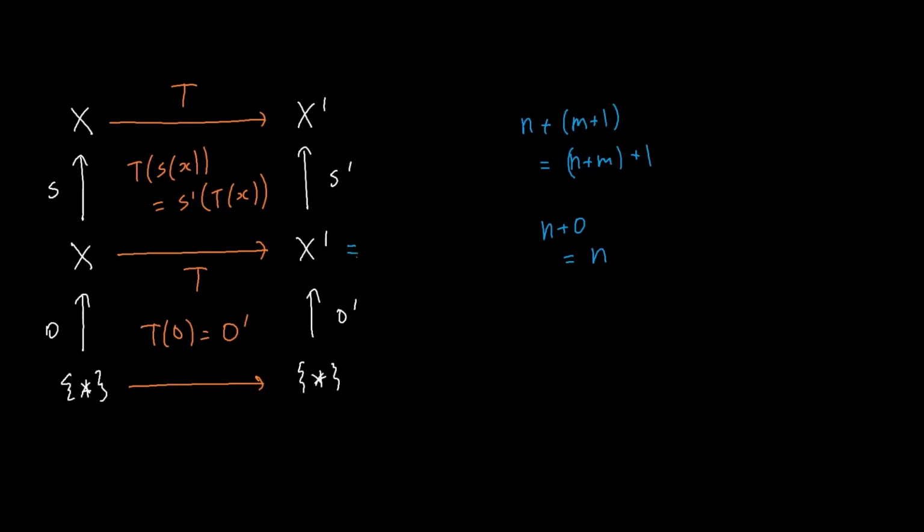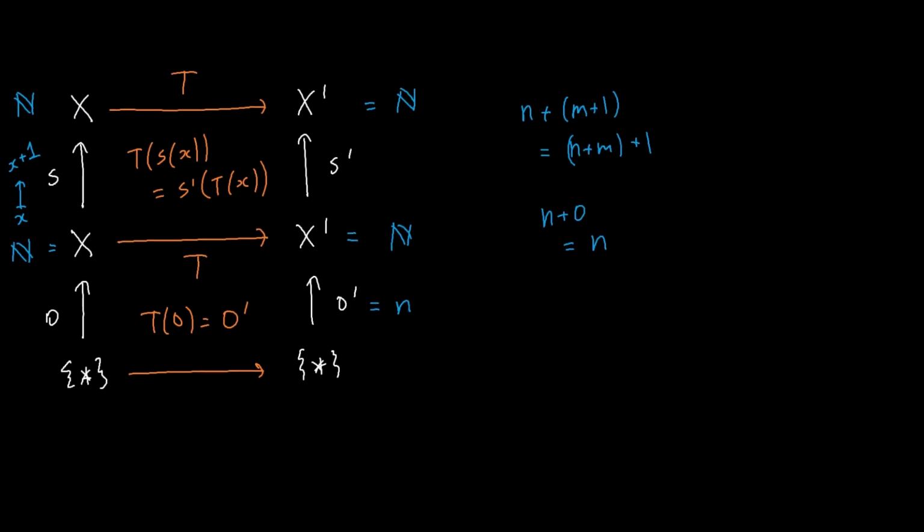Let x, first of all, be this natural number system with its usual successor function where x maps to x plus 1, and 0 is the usual number 0. Let's choose x prime to be, again, the natural number system, but a strange one in which we start counting not from 0, but we start counting from n. Okay?